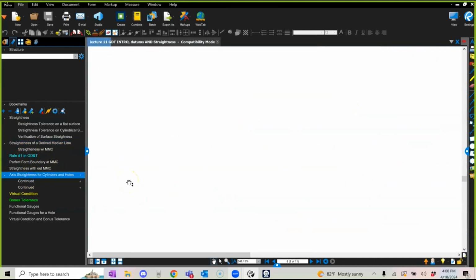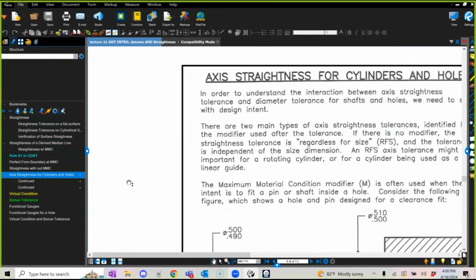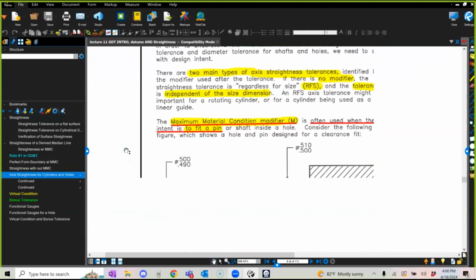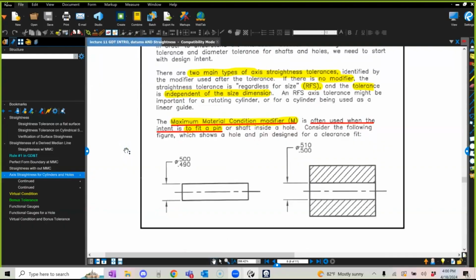Let's say that I have a hole and I have a pin that looks something like this. And I apply the maximum material condition on the straightness. Let's imagine that this is a cylinder or a pin and it's a hole, and I apply straightness here.